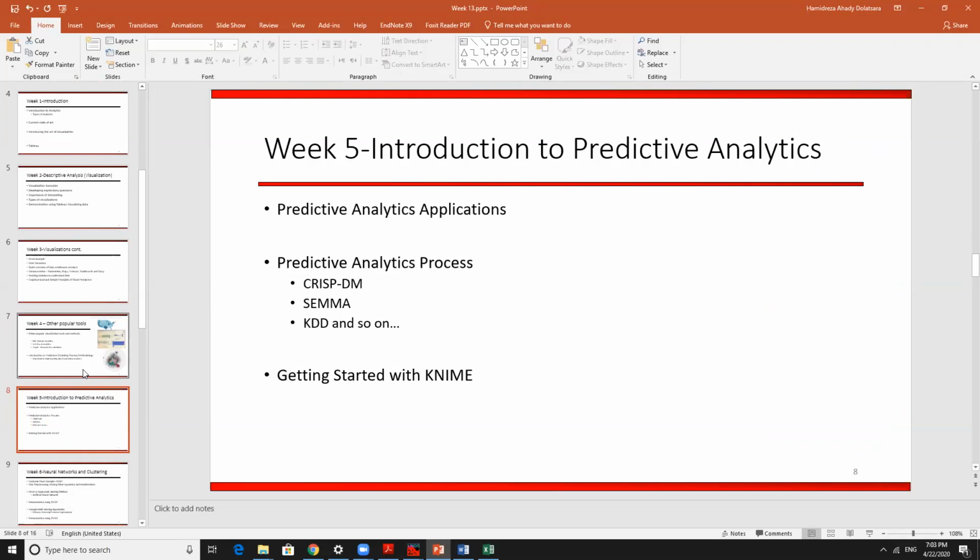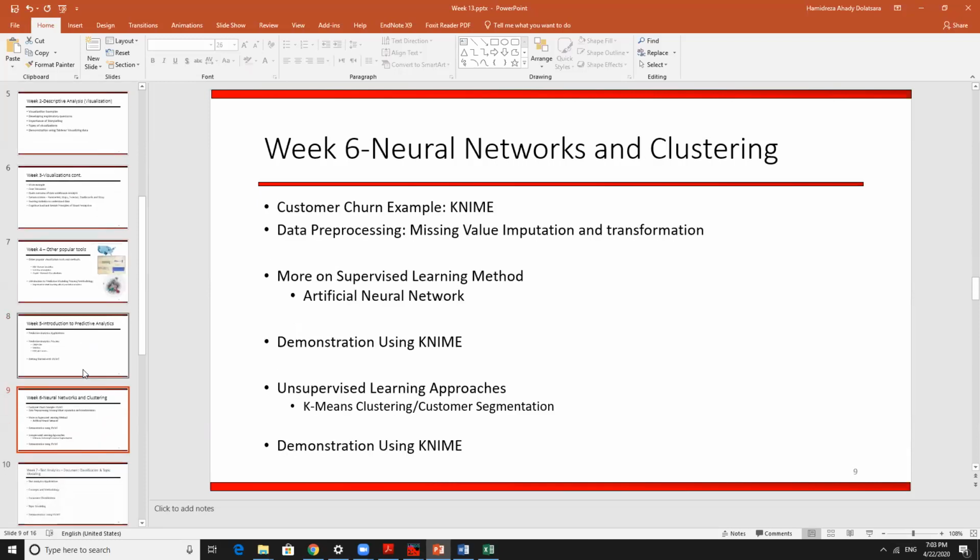We saw that we need to have some processes, some process standards like CRISP-DM, KDD, and some other ones. And we looked over KNIME, and even in week 6, we had some experience with how to do a data mining project, clustering, or some predictive analysis using KNIME.